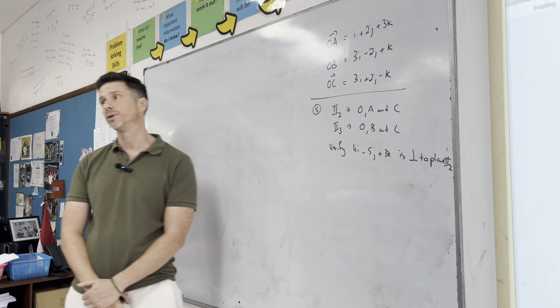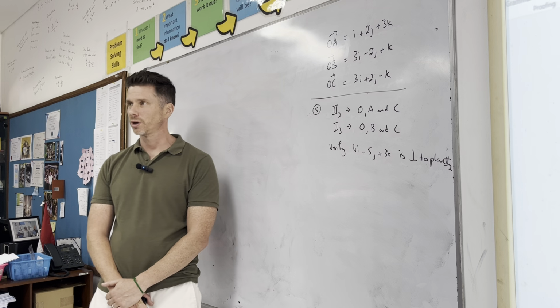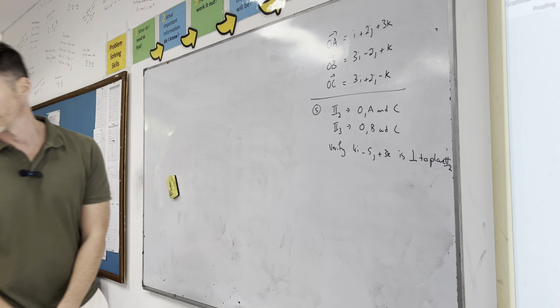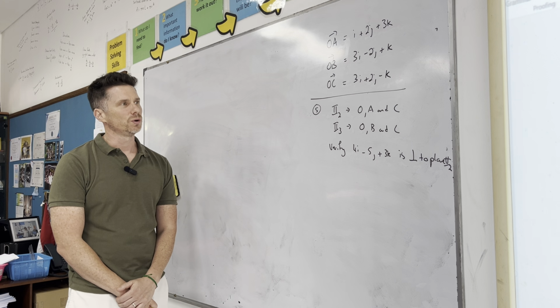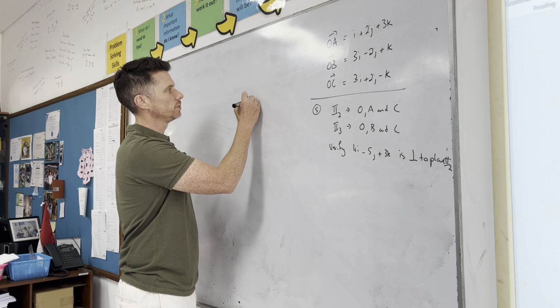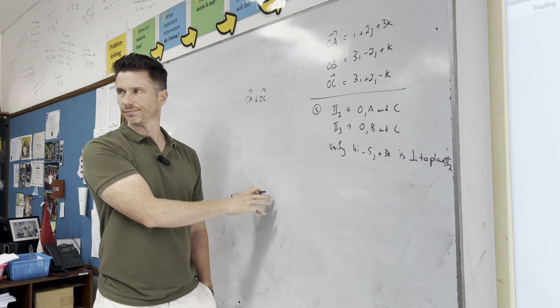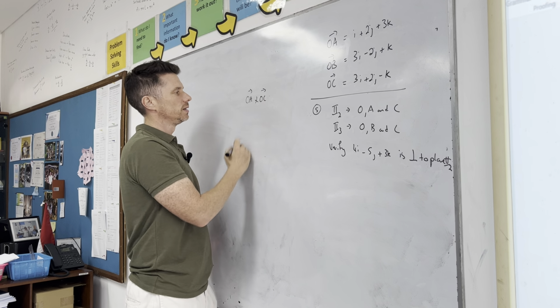But we know that if we cross product, we create a normal vector, don't we? Like that, yes. So we need to cross O to A and O to C, and that will give us the normal.